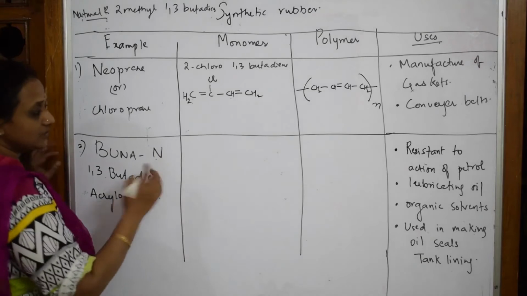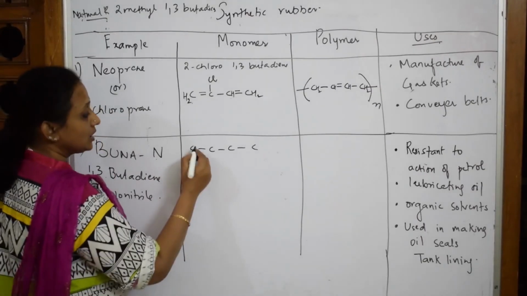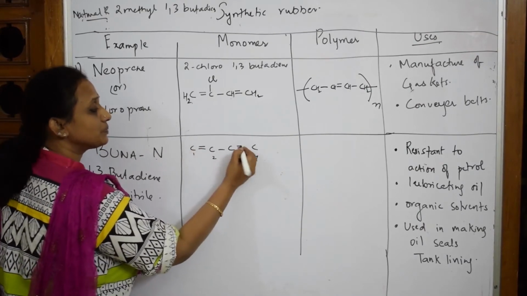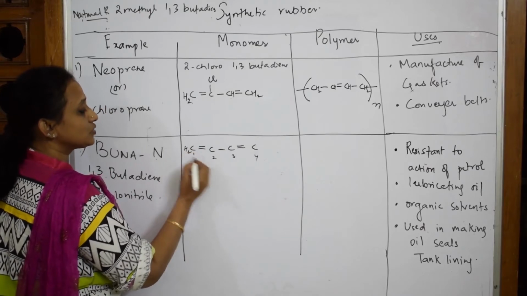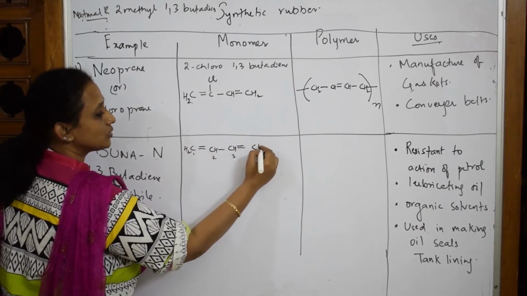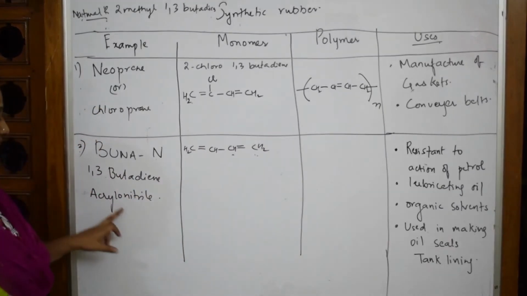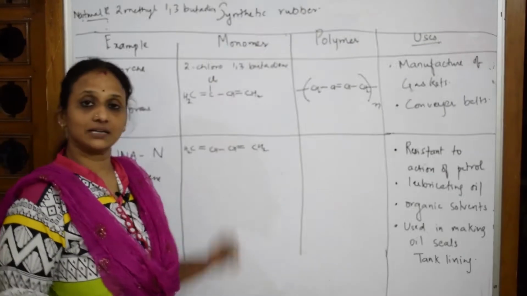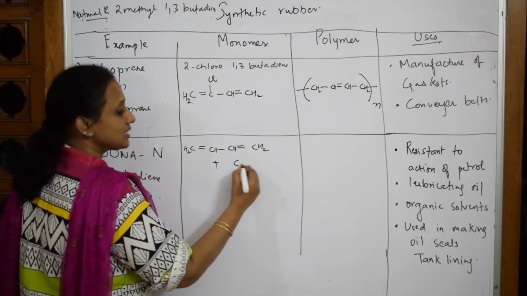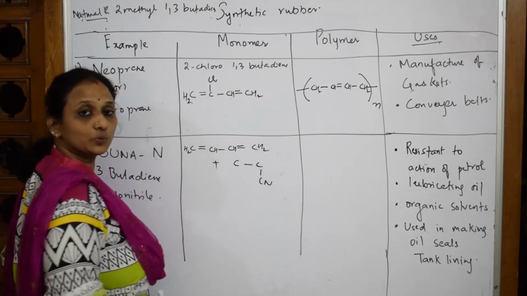Let us see the formula. In the monomers, write 1,3-butadiene 1, 2, 3, 4. In the first position and the third position, double bonds, fill in 2 hydrogens, 1 hydrogen here, 1 hydrogen, and 2 hydrogens. This is 1,3-butadiene. I have to add to this acrylonitrile. What is acrylonitrile? Simple. Just write C double bond C. To one of the carbons add a cyano group, nitrile.